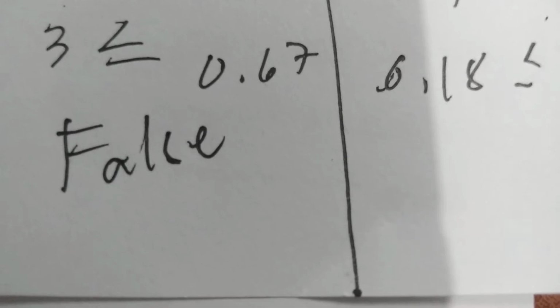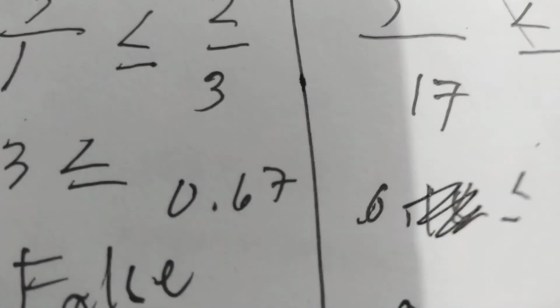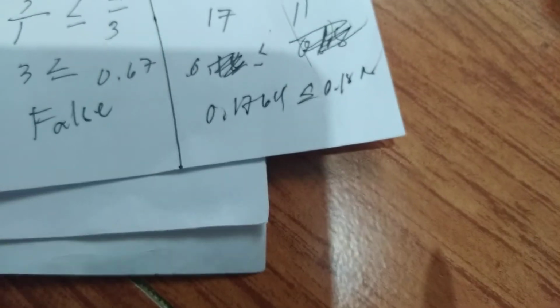So, check natin yung exact value. Ang 3 divided by 17 kasi is 0.1764. Ang 2 divided by 11 is 0.1818. So, kung makikita natin, the statement is true.